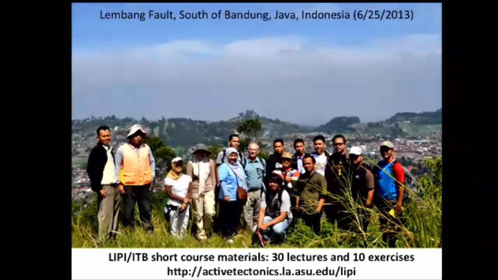This is an important application because here in Java you can see there's a lot of anthropogenic change to the Earth's surface. A lot of people live there. There's also a lot of vegetation. So this is a place where the LiDAR can be quite valuable because we can do this classification. We maybe can pull away the vegetation and pull away the buildings. So here's just what the terrain looks like.